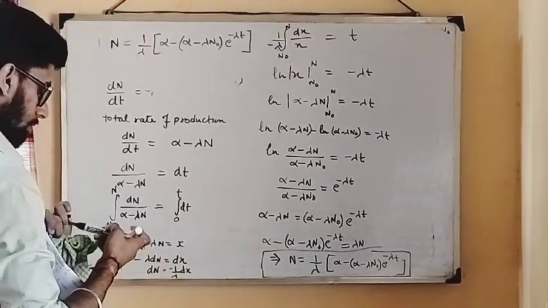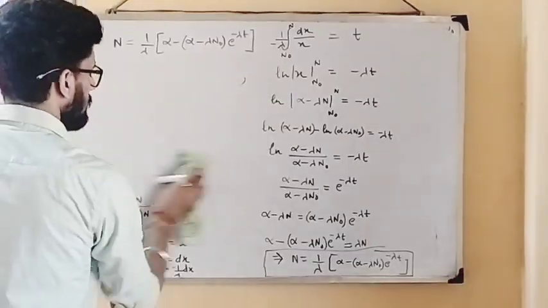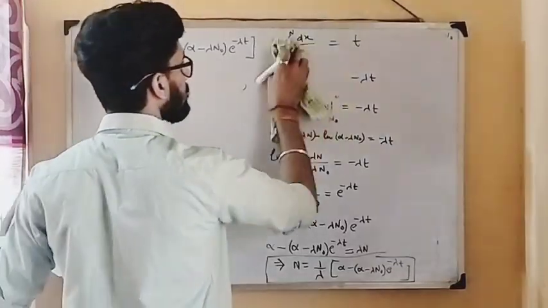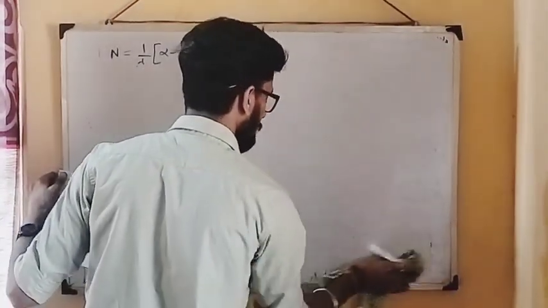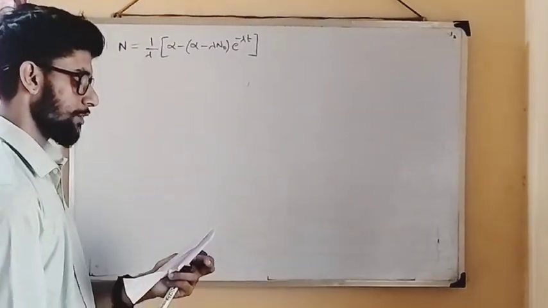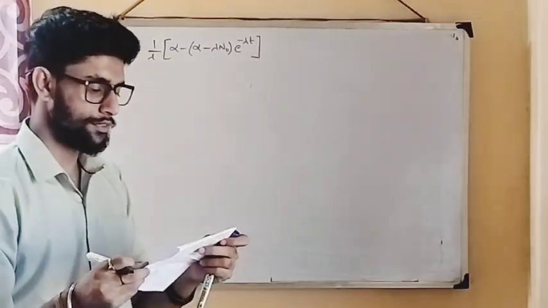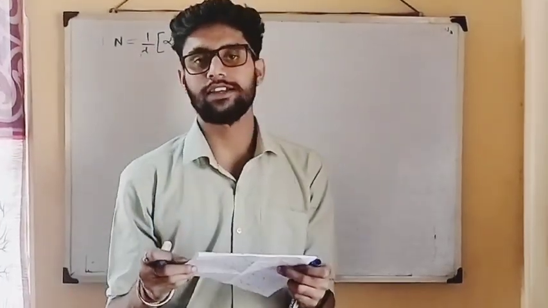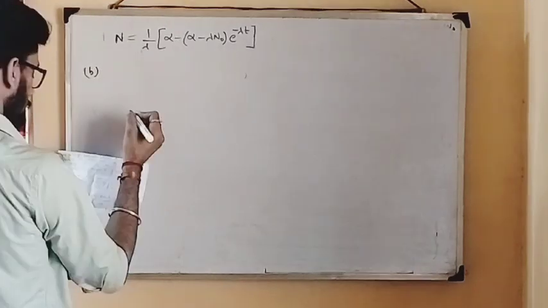So this will be our first part of the problem, and in the second part we are asked, with some given value, that if alpha is equal to 2 n naught lambda, calculate the number of nuclei of A after the half-life of A. There are two values given.